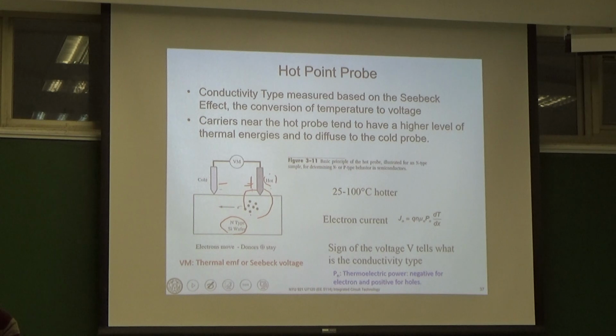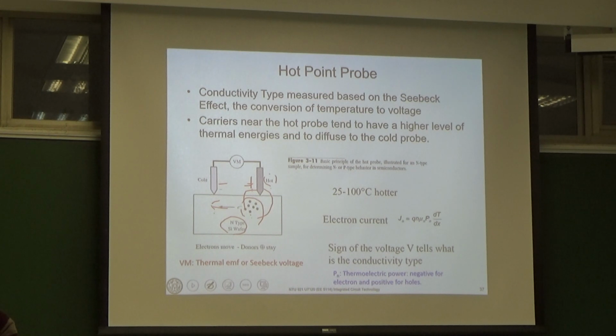Here, these voltage meters don't apply a voltage. They are just used to measure the voltage difference, or the potential, between these two probes. Again, we have more electrons here, and they begin to diffuse to the other directions. This electron movement, or diffusion, will create a potential difference in your material.